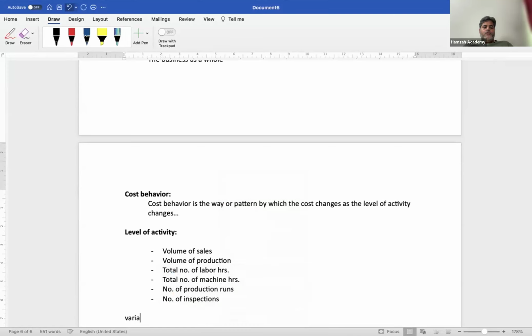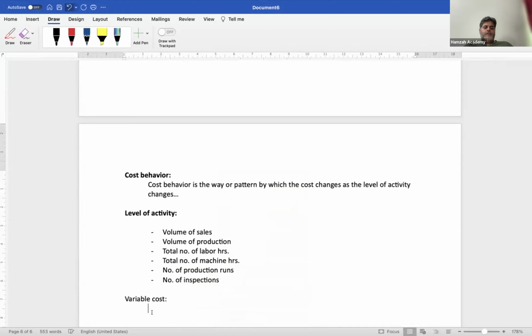Now, first things first, we have a variable cost with us.